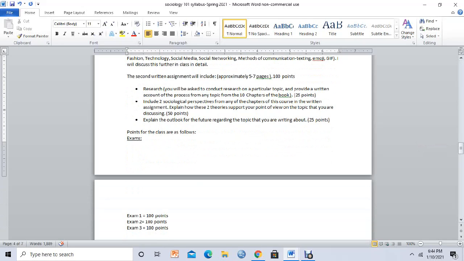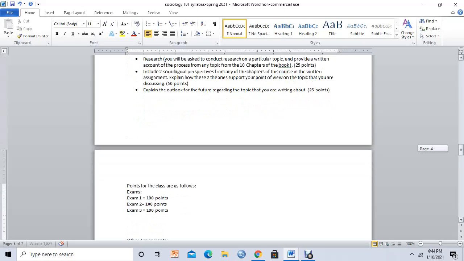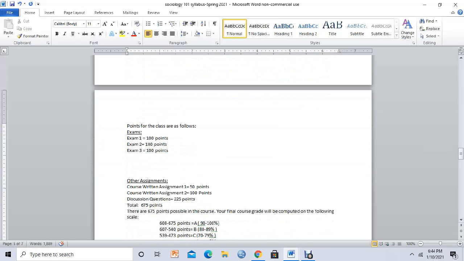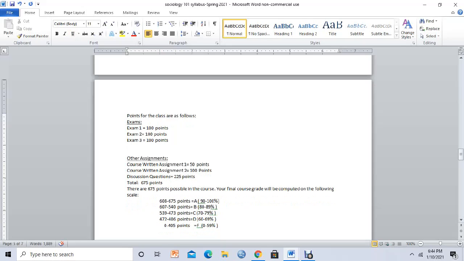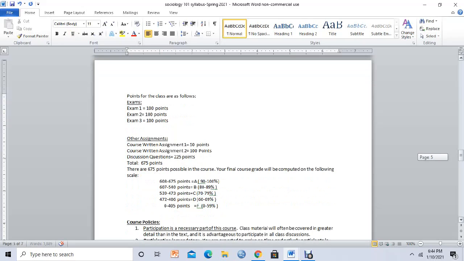So for here, look at these points for the class, which are as follows. Remember, 3 exams are worth 300 points. Then we get into the other written assignments: 50 for written assignment 1, 100 for the second written assignment, and discussion questions, 225 points.